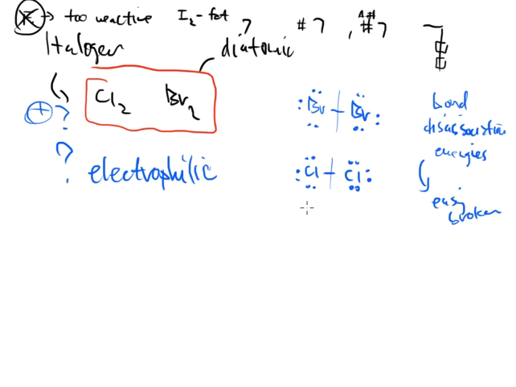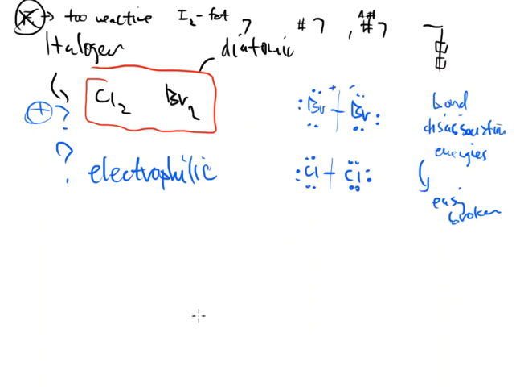So you're going to leave some of it behind. So when these bonds begin to break, one of them is going to get the short end of the stick. That also means that one of these will go negative and one of these will go slightly positive.